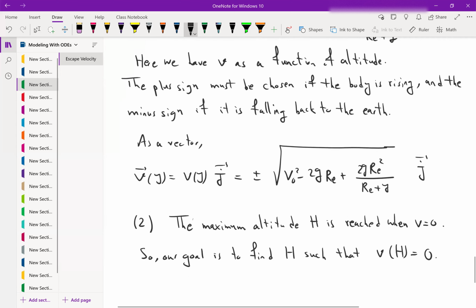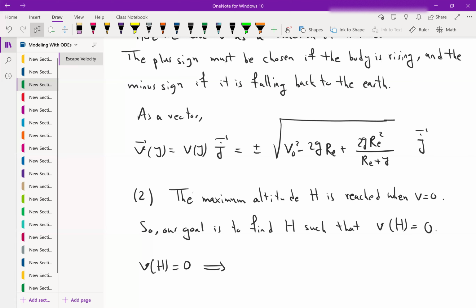So I have a formula for v. I'm going to use my formula. V at h being 0, that means they are equivalent. I'm going to just write the forward direction.